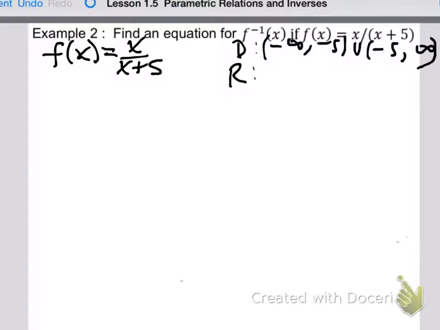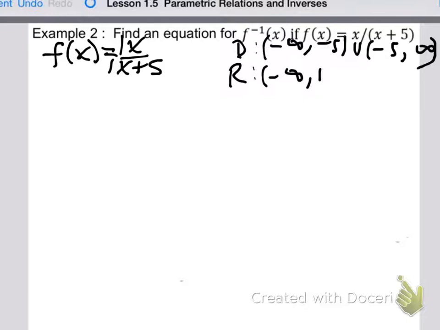Now the range. If you graph it, you'll find that we have a horizontal asymptote at 1. Let's look at the degrees. They're the same: this is 1, that's 1, and 1 divided by 1 is 1.